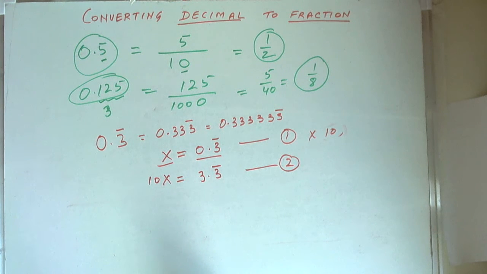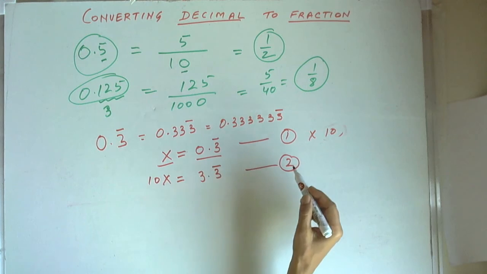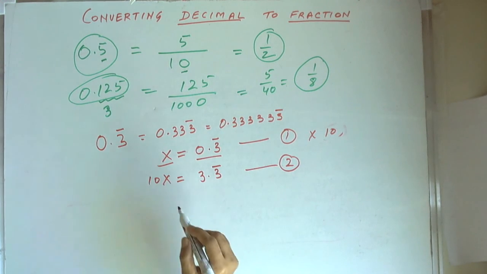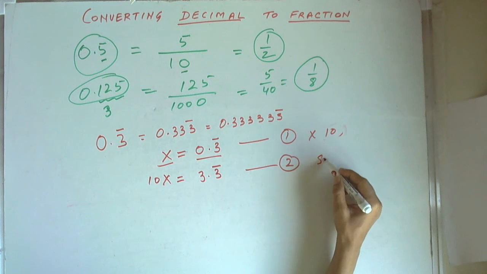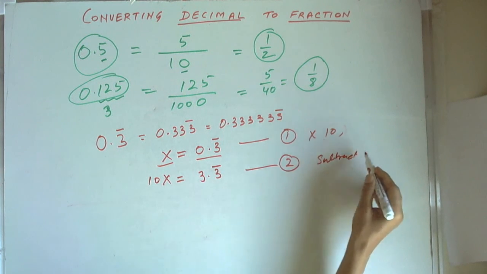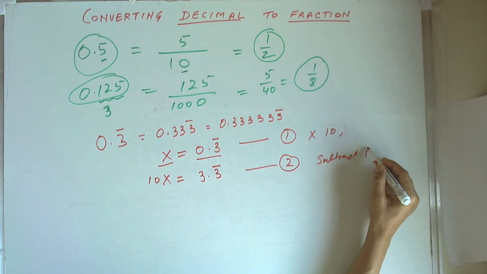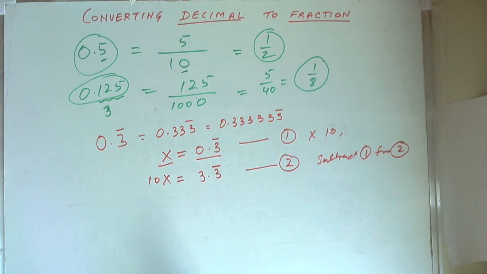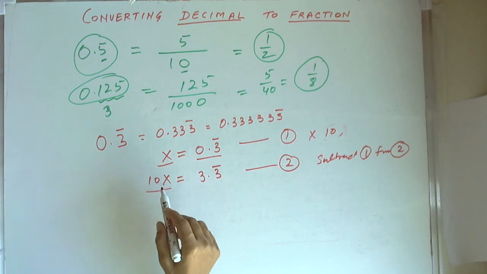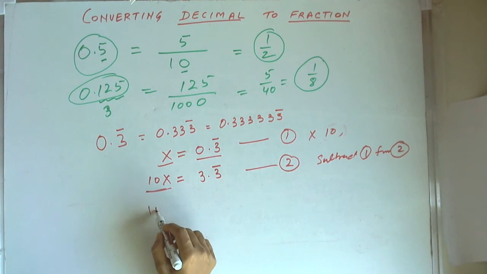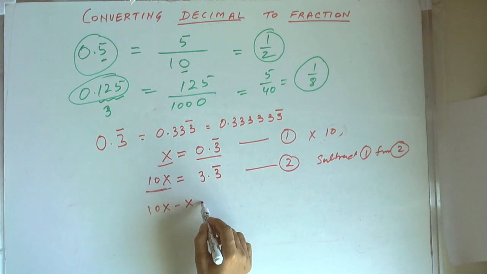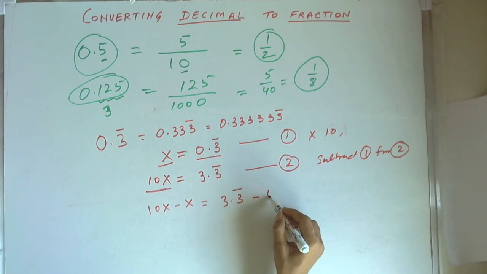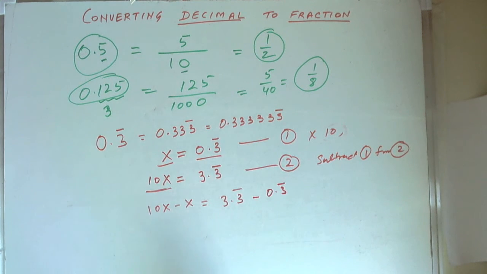And now what we will do is we will subtract equation number 1 from 2. When we do that, the left hand side will become 10x minus x, and the right hand side will become 3.3 bar minus 0.3 bar.